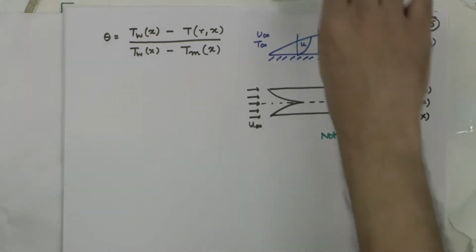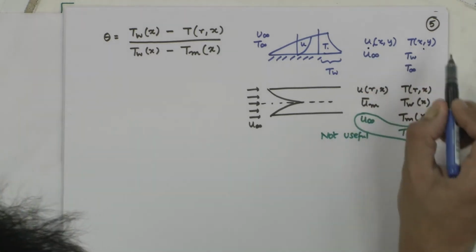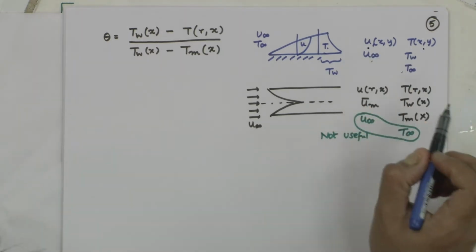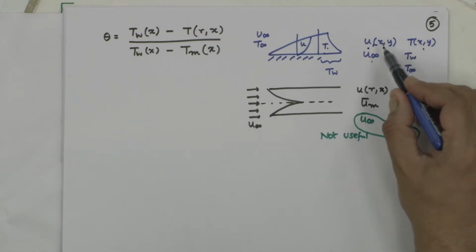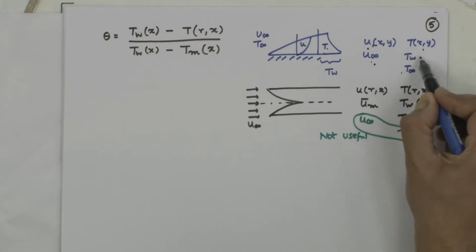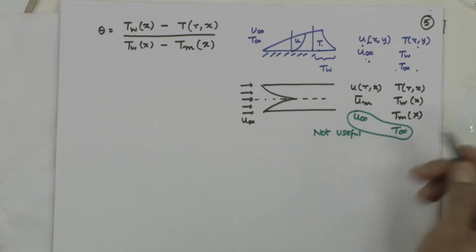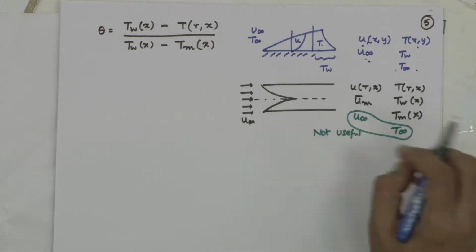So, if you go back and compare local quantities, u infinity and t infinity: at best the velocity can vary from 0 to u infinity, temperature can vary from T wall to T infinity, correct. So, here u infinity does not have any value.